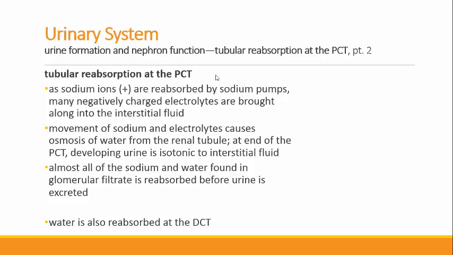Okay, so again, the bulk of reabsorption occurs at the proximal convoluted tubule, but we do continue to reabsorb materials throughout the whole renal tubule. So there is a table in the book that describes all of the places that tubular reabsorption occurs and what materials are reabsorbed.